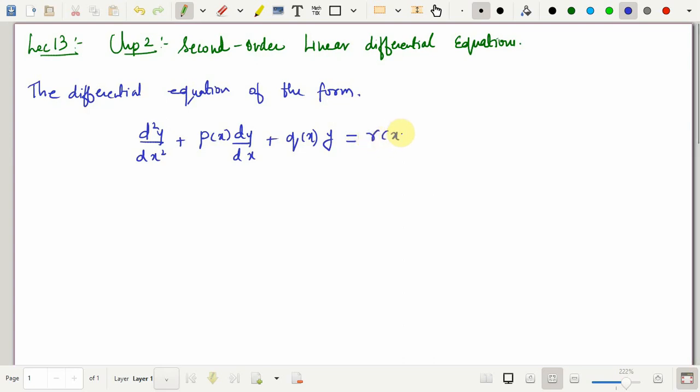We call it r of x or minus r of x. Let me call this 1.